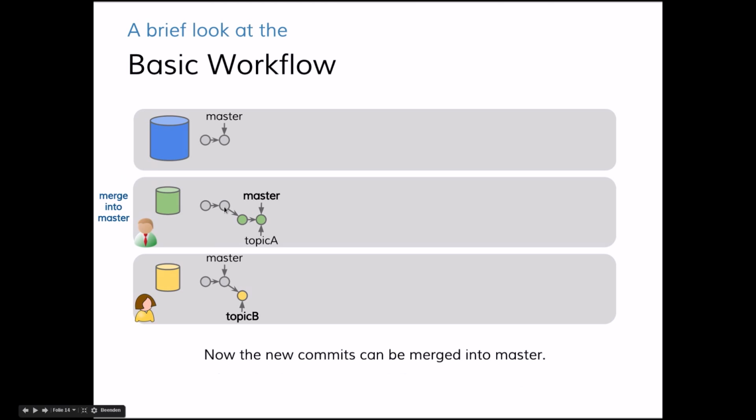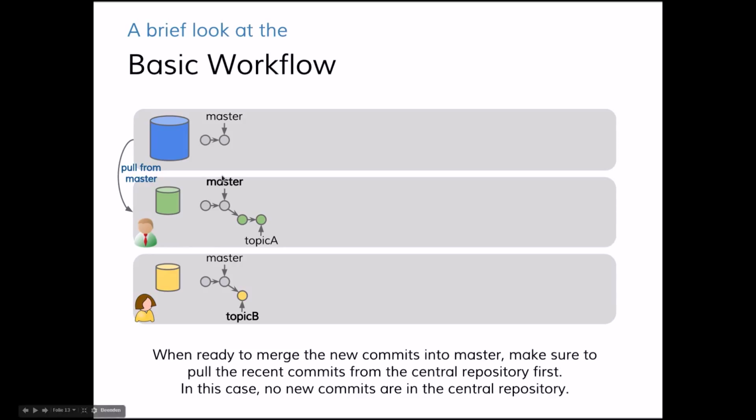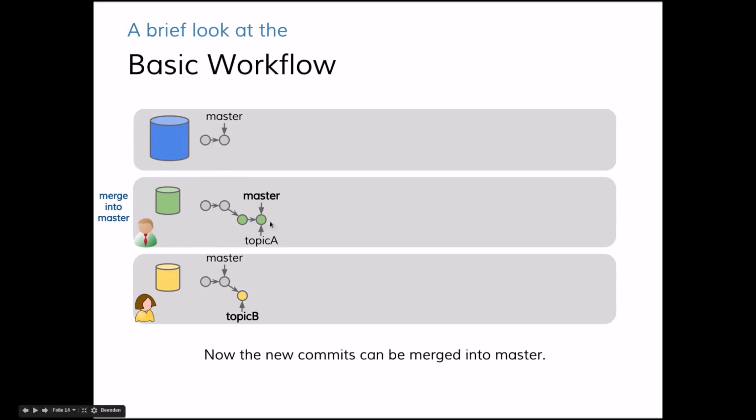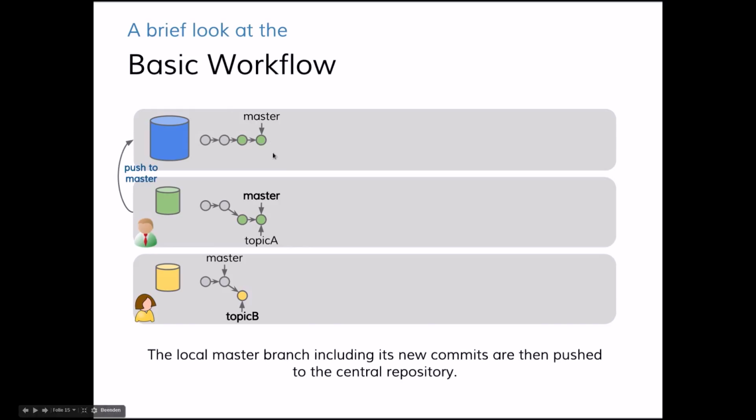So all Git has to do to merge those changes into this branch is to move the pointer of the branch master to the last commit of the branch that we want to merge, which is topic A. This is actually called a fast forward merge. So once the merge has been done, we have a new version of the master branch locally. That means that the next step is to push this local master branch to the shared Git repository.